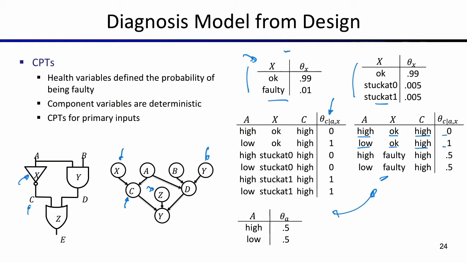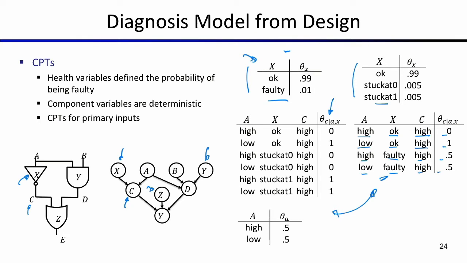When the gate X is not working, so it's faulty, we don't know the output. One way of modeling that is saying that it has 0.5 probability for each possible state. So independent of whether A is high or low, you're going to say that C is high with 0.5 probability.